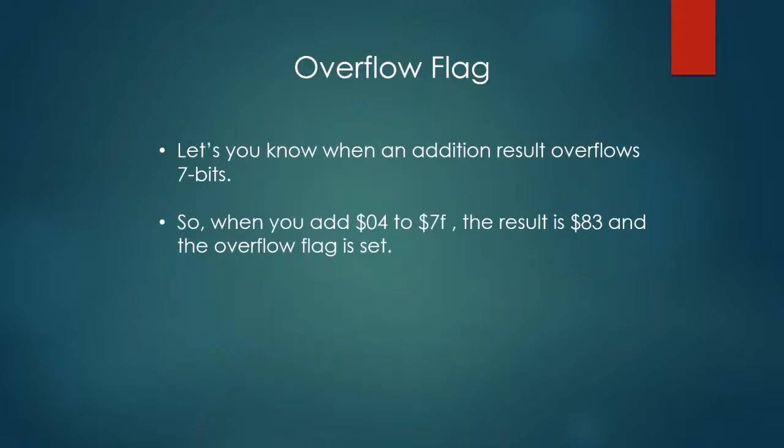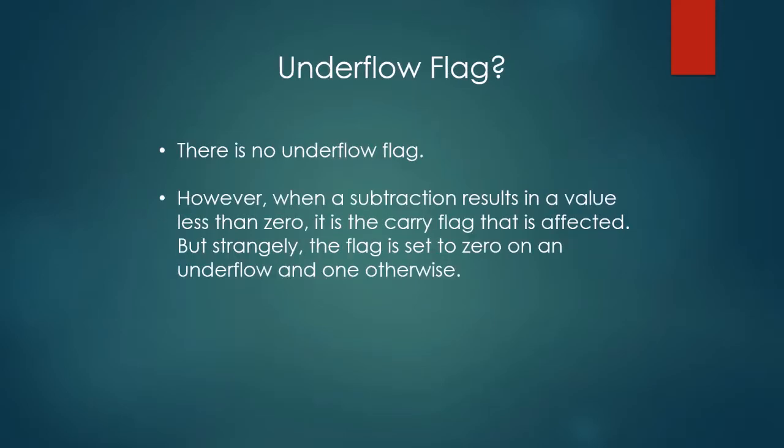The overflow flag lets you know when an addition result overflows 7 bits. In other words, it cannot be contained in 7 bits. So, when you add hexadecimal 4 to 7F, the result is 83, and the overflow flag is set. There is no underflow flag.